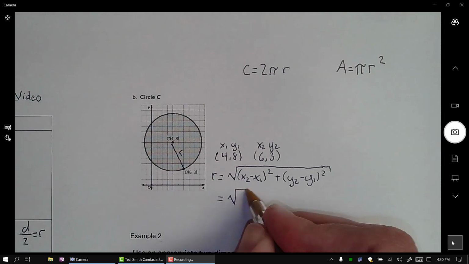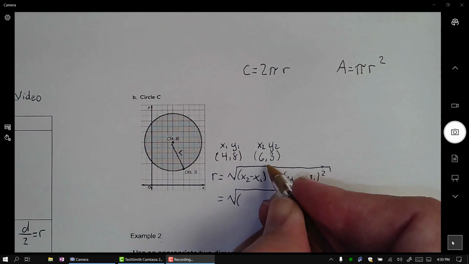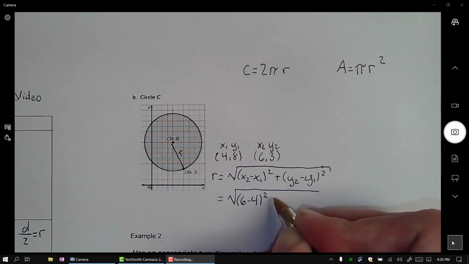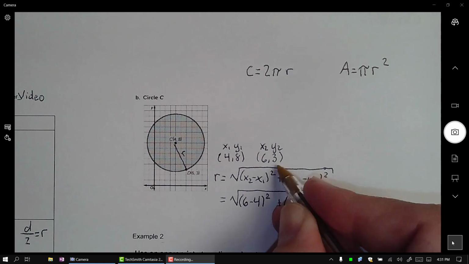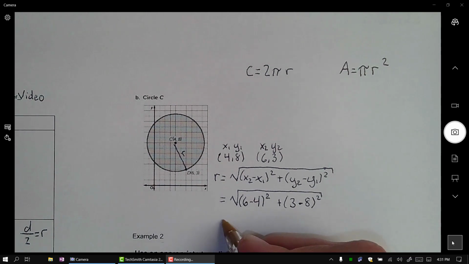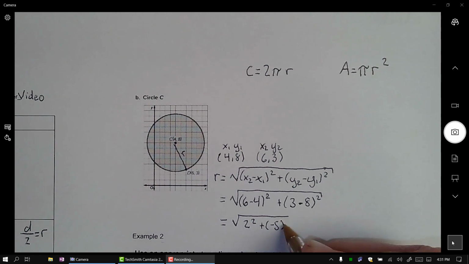This gives me the square root of 6 minus 4 squared plus 3 minus 8 squared. What do we get? We get the square root of 2 squared plus negative 5 squared, which gives us the square root of 4 plus 25, which equals the square root of 29.